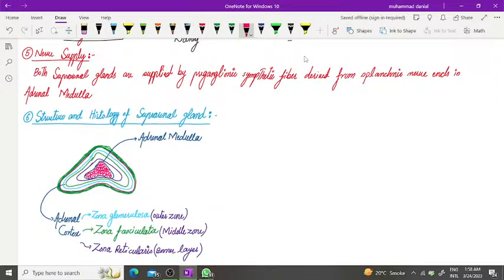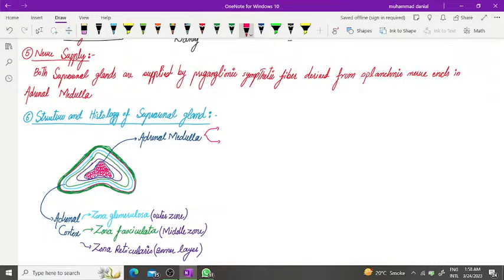The adrenal medulla is composed of two types of cells because it is going to release epinephrine and norepinephrine.